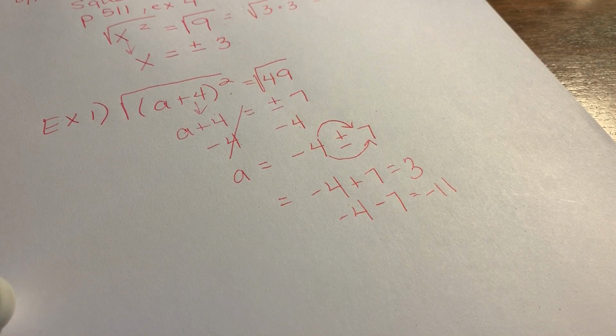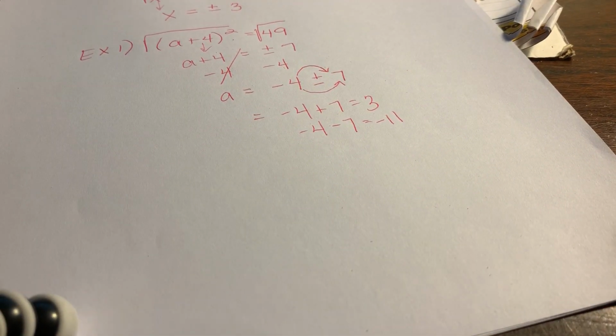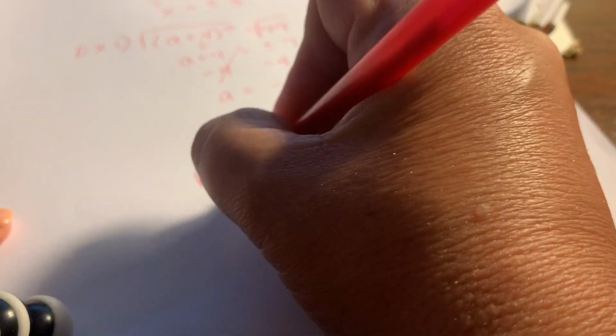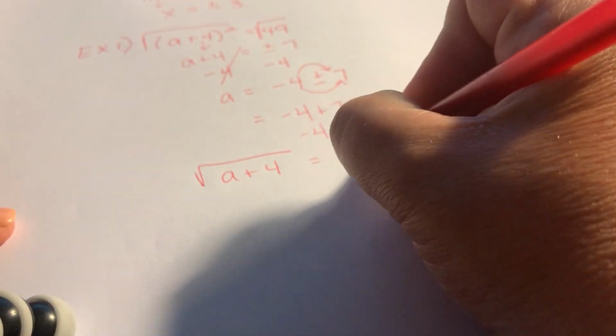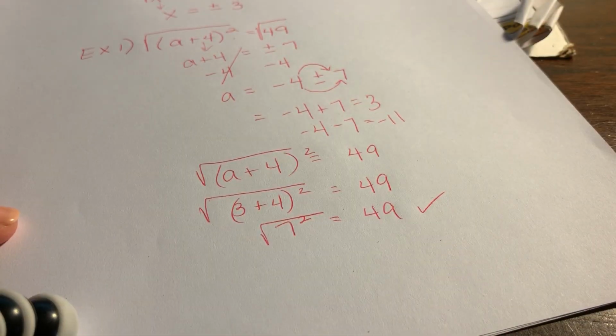And if you were to plug those in and try it, it will work. So I'm going to plug that in really quick to prove my point. The original was a plus 4 squared is equal to 49. So if I plug in 3 plus 4, 7 squared is equal to 49, and that's true.